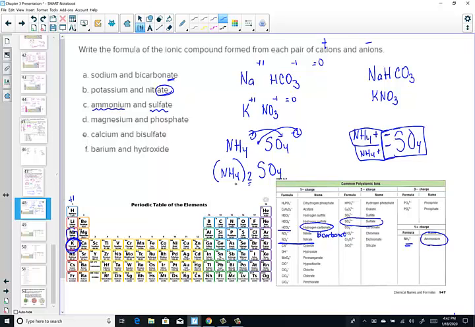Two units of an NH4 electrically balance one unit of an SO4. We do not need the parenthesis taken one time. We're just going to say NH4 taken twice, SO4. That is ammonium sulfate.